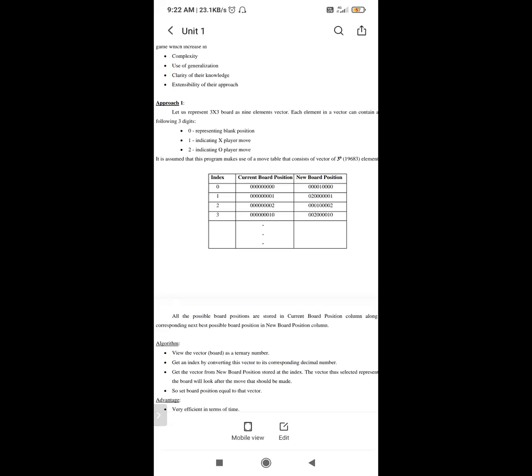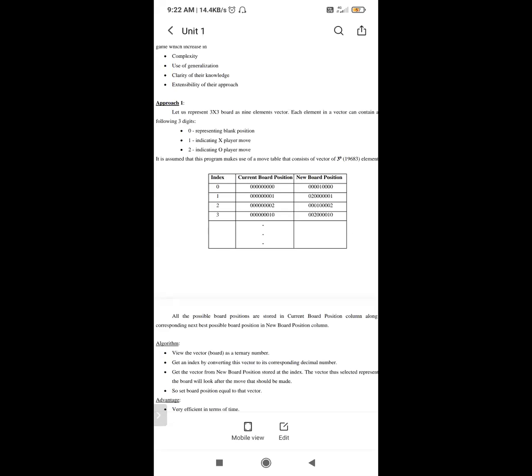Whatever move a player makes, that should be converted to its corresponding decimal number every time.